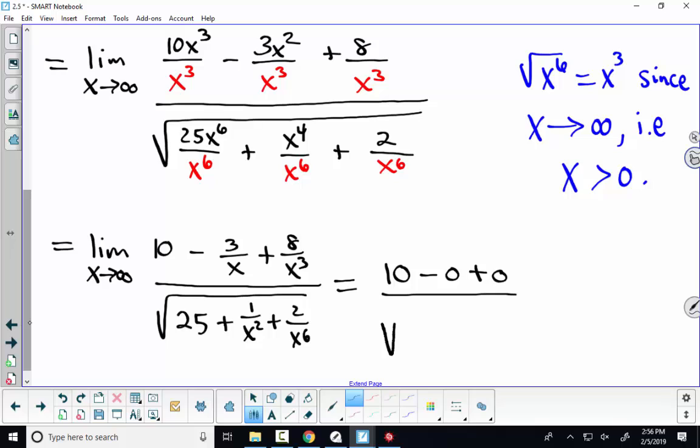Over the square root of 25 stays 25. 1 over x squared approaches 0. 2 over x to the sixth approaches 0. So what do we get for that limit? 2. 10 over root 25, which is 2. 10 over 5 is 2.